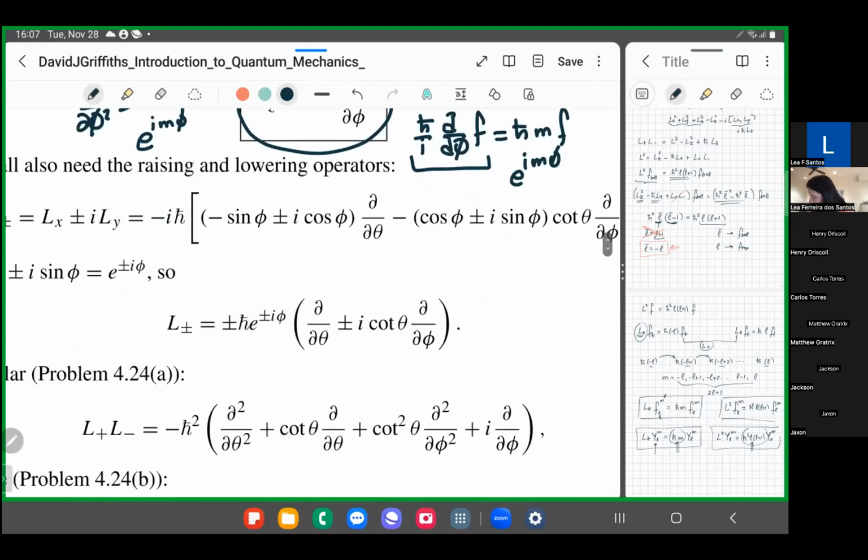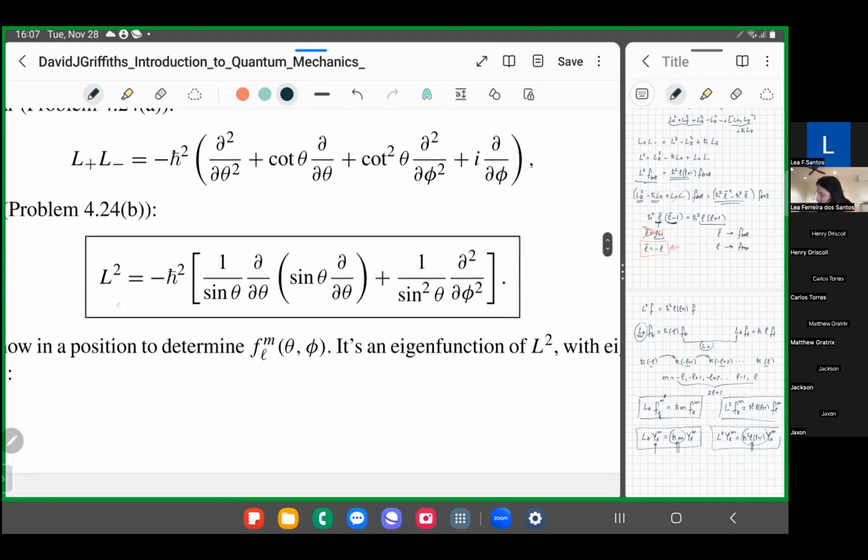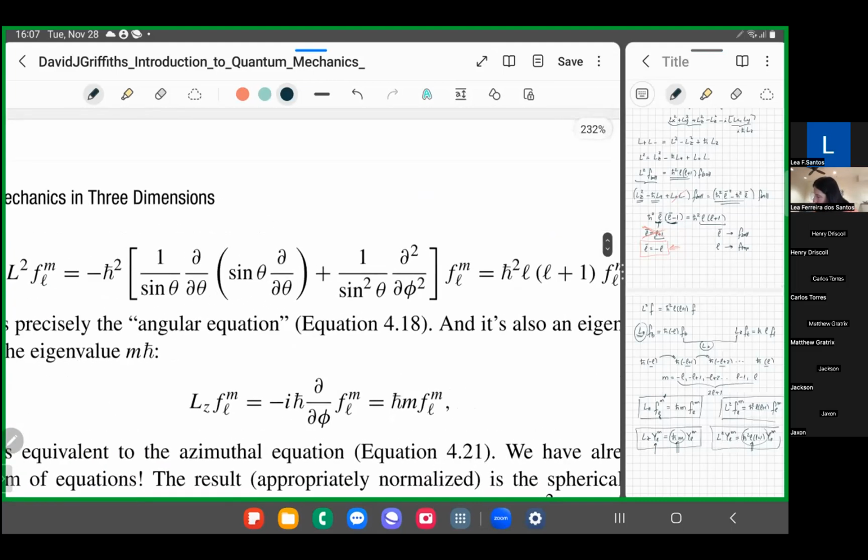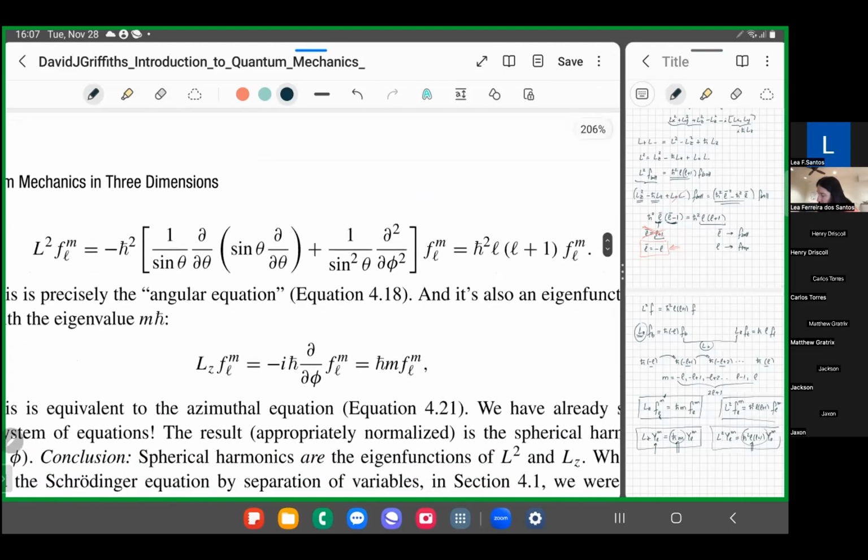Now let's have a look at the L square. The L square is this complicated thing. Well, this is the equation that I told you when we started the class. You see, this whole thing is the L square. This is the F, which is the spherical harmonics.